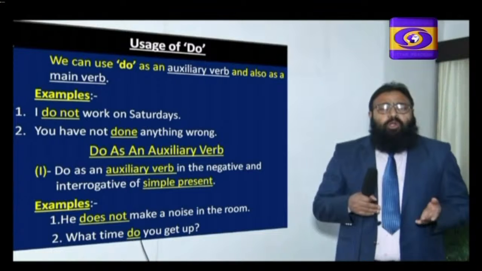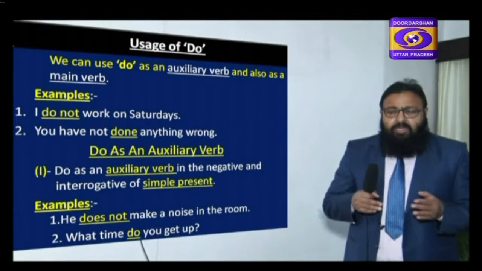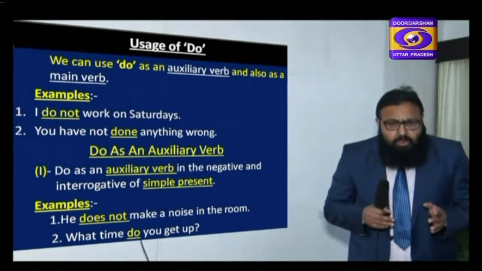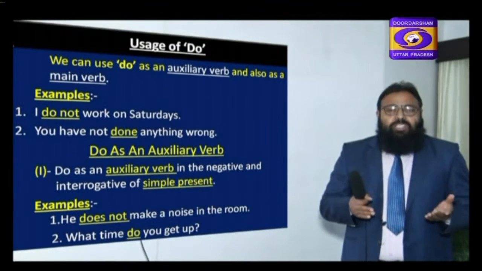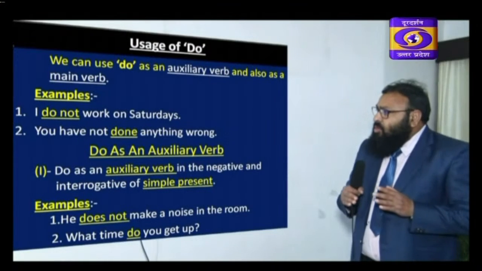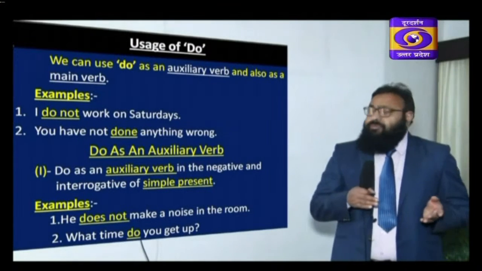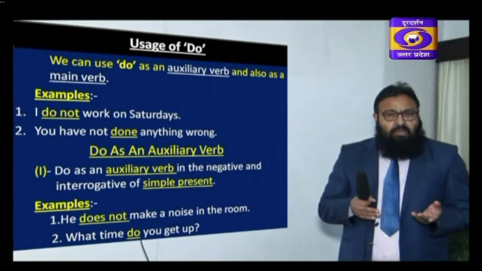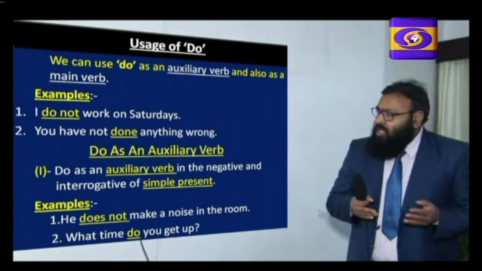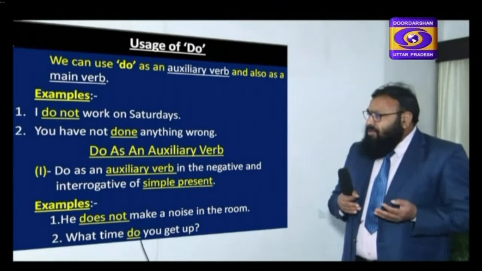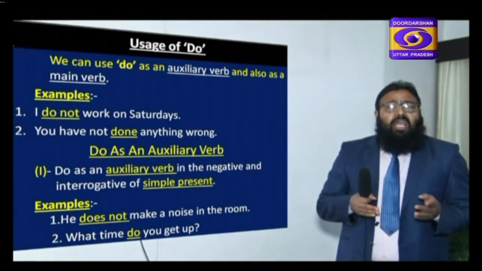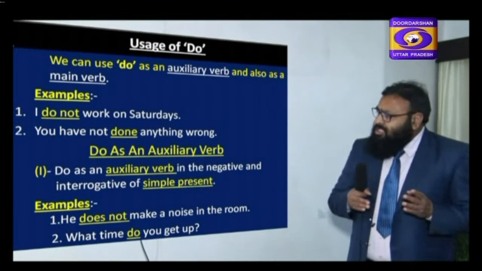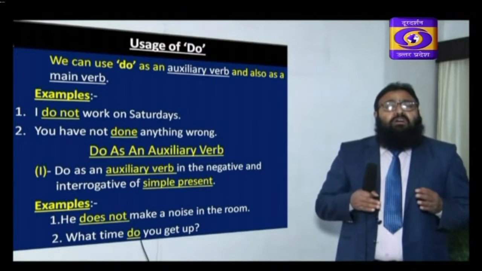It is, as I told you, an auxiliary verb and also a main verb, and it is also used in some very specific senses. Some examples: I do not work on Saturdays. Now, do not here is a helping verb, and it is helping us to determine the tense of the sentence.